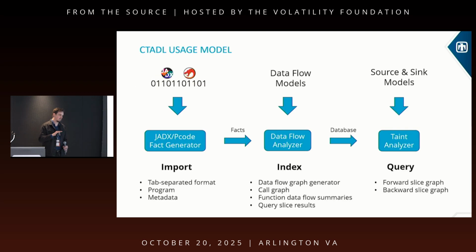OK, so the usage model for CTADL, it's a command line program. And it has basically three steps. You start with the code, for example, a binary or an APK. And you load that in the import step. What that does is it creates CSV files for all of the code that it's looking at.